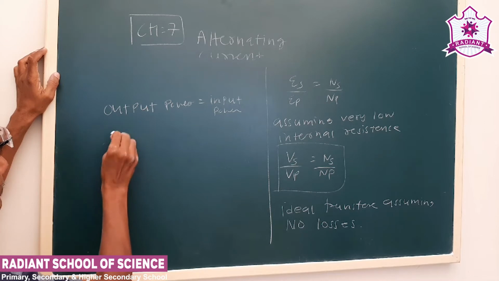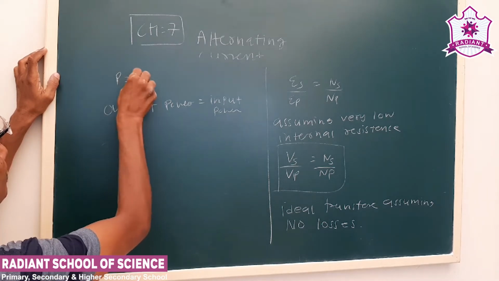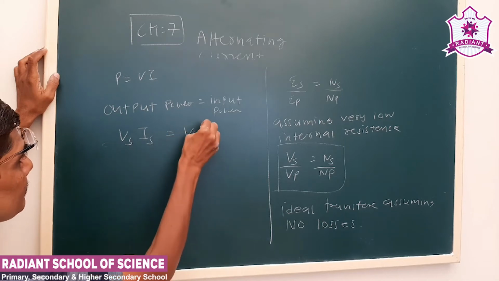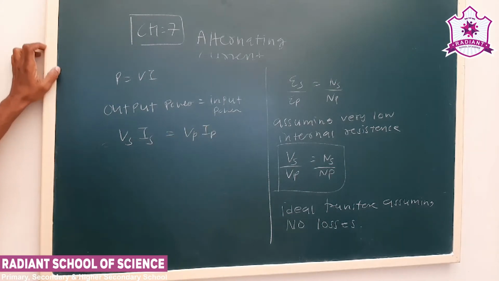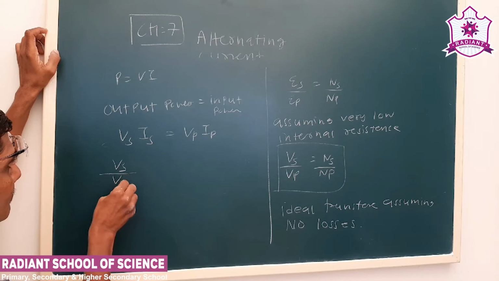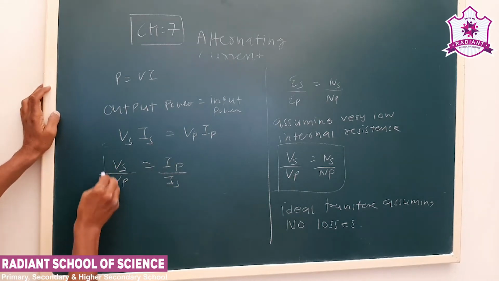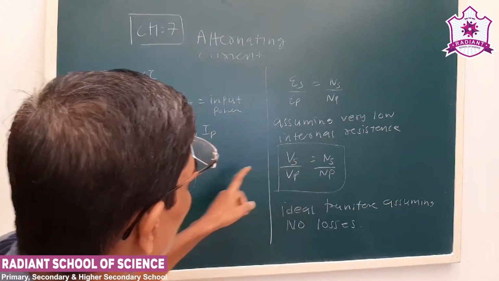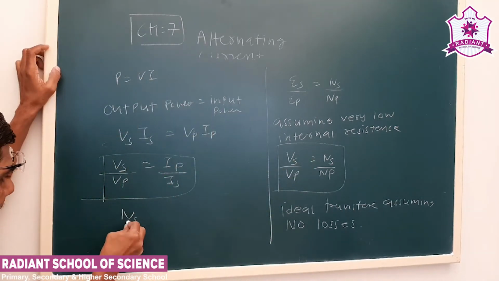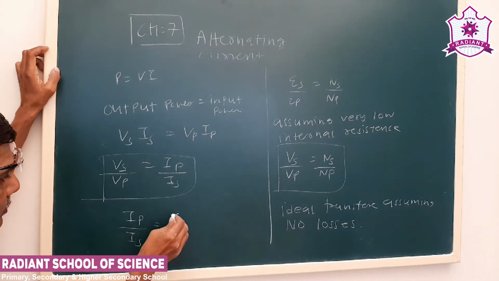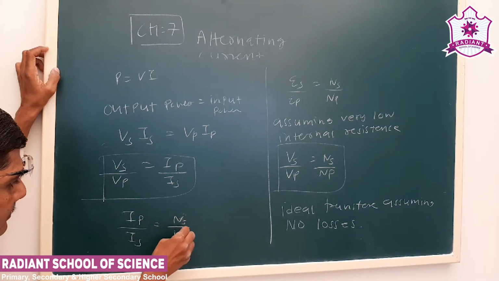So Vs Is is equal to Vp Ip. So what will be Vs upon Vp? Ip upon Is. Now if we correlate this, Ip upon Is is equal to Ns upon Np.